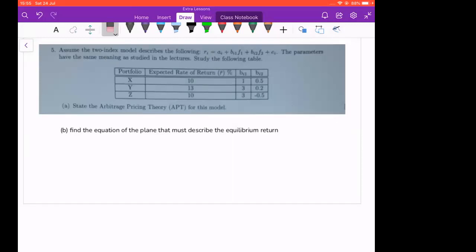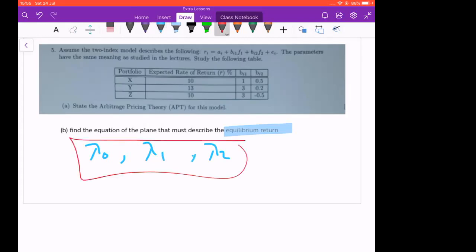So again, when they ask those things, they actually just want you to find lambda 0, lambda 1, lambda 2. So there are two factors, so this is how many you should find.